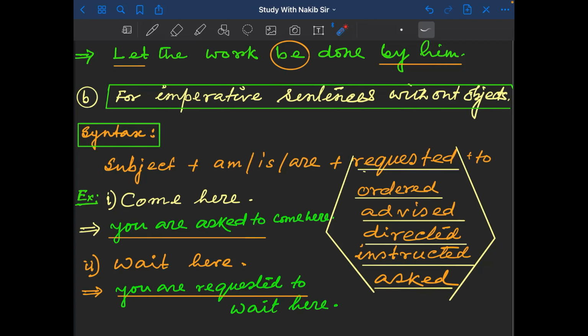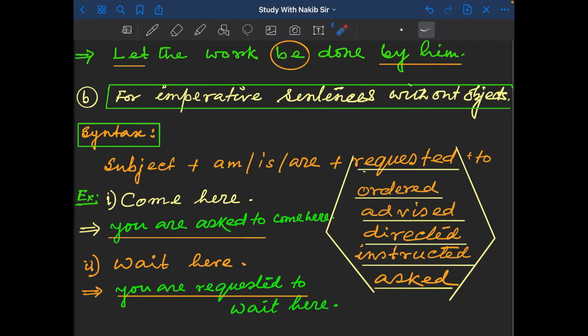If it is said to them, then at this place it will be they. Then the answer will be they are asked to come here. Okay, see the next example. Wait here. The same things. If it is said to you, then you will be used. You are requested to wait here. So you have got the answer to your question, sir.